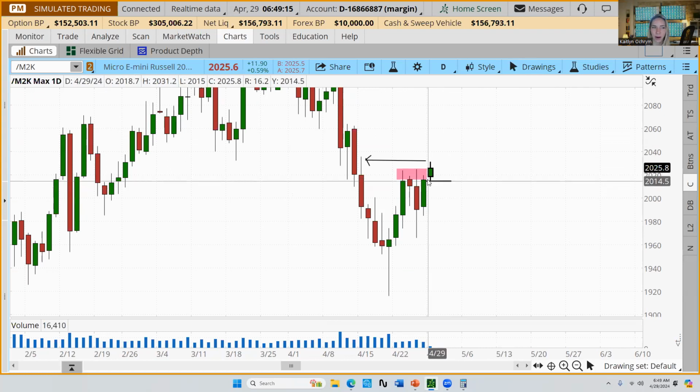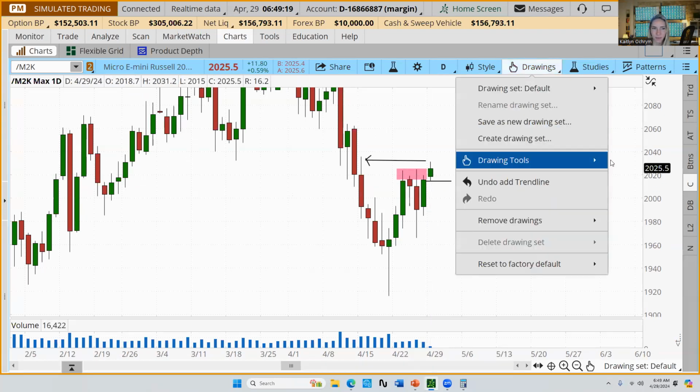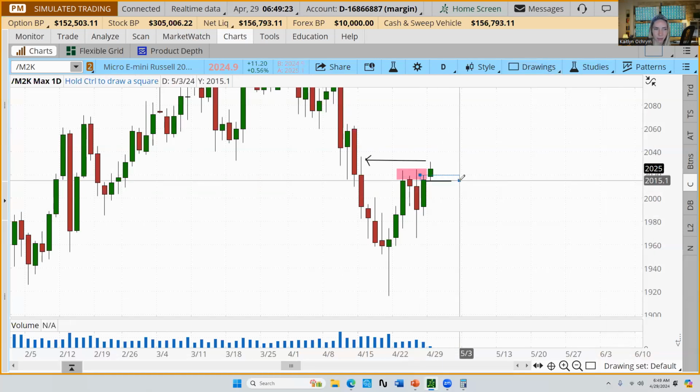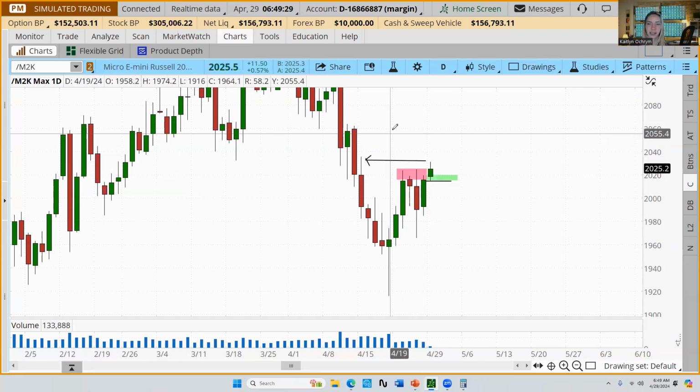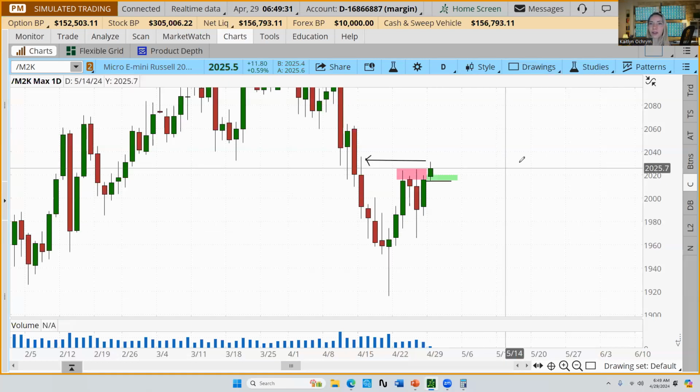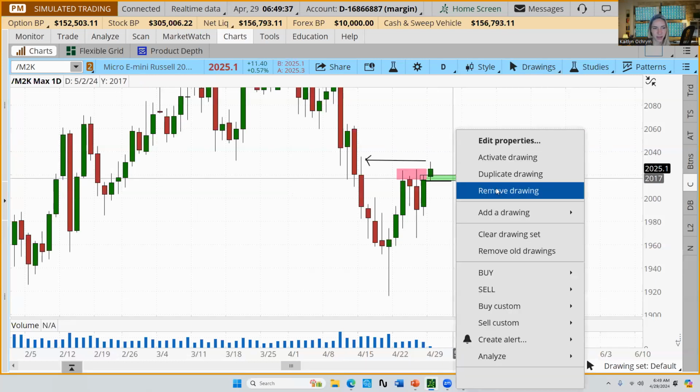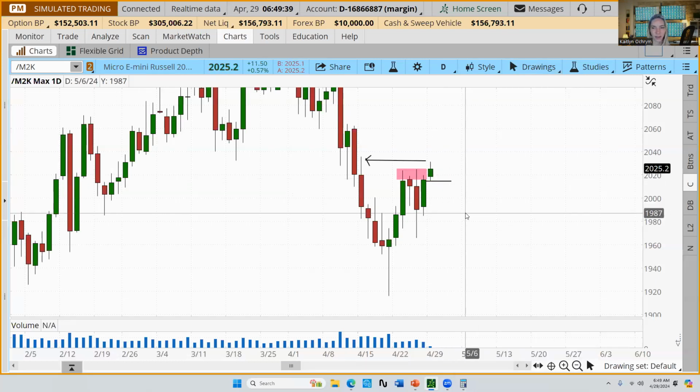Because the only reason why price is being held up right now by the buyers is because this is where the buyers pushed price up for that breakout. Therefore, price breaking below the green box, we'd be looking for a longer running reversal. I'm going to be really keeping an eye on the Russell.